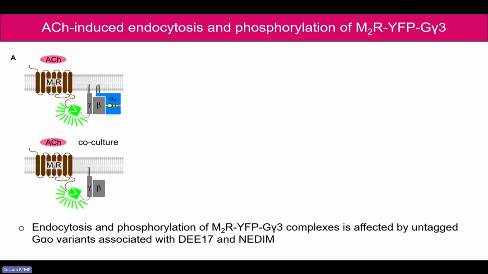For this experiment, we made two pools of cells that we transfected separately. One with the split YFP system for receptor and gamma subunit, with the co-expression of G-alpha, and another set of cells that we did not transfect with G-alpha. And then we co-cultured them and we stimulated the cells.